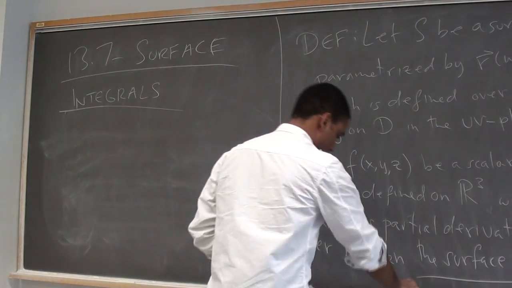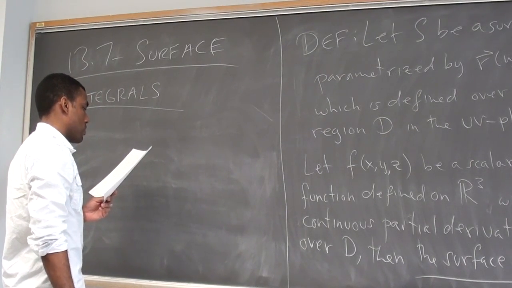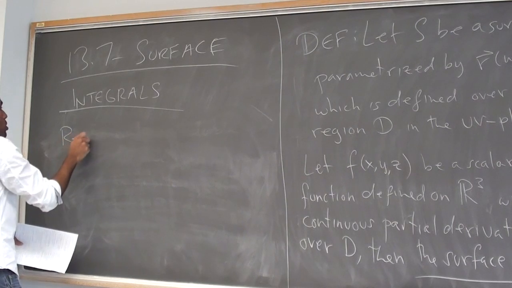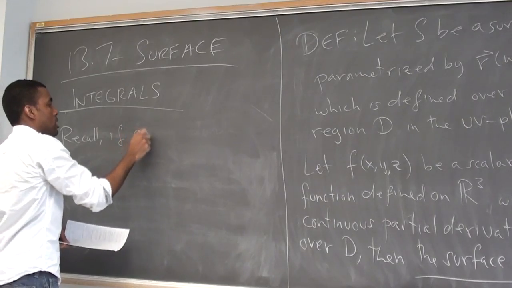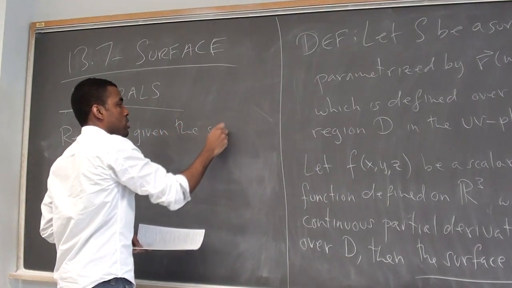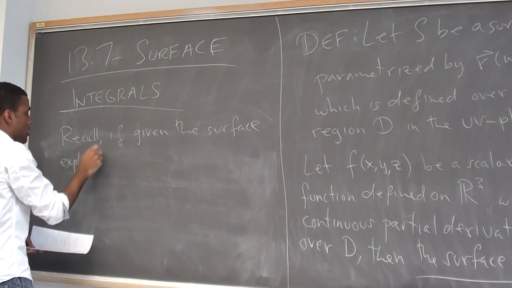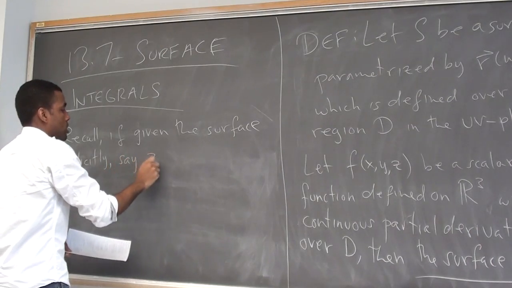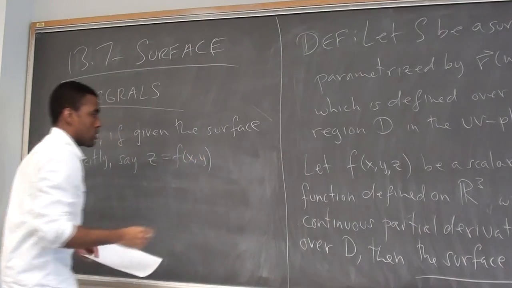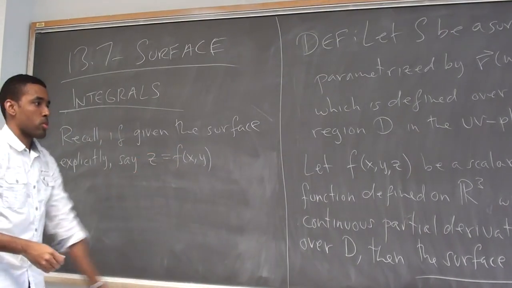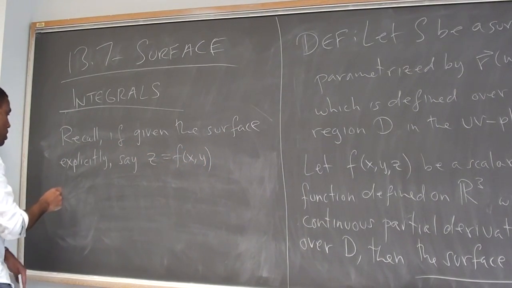Okay. So far that's what we have. Right? Now, if given the surface explicitly, say z equals f of x, y, right? So instead of saying something equals f of x, y, z, suppose we can actually take this guy and solve for the z on some level curve.